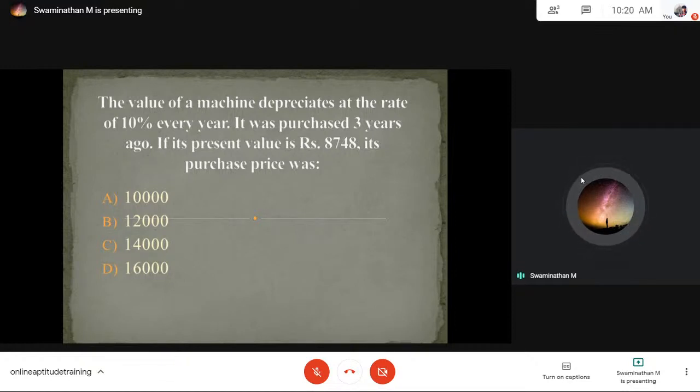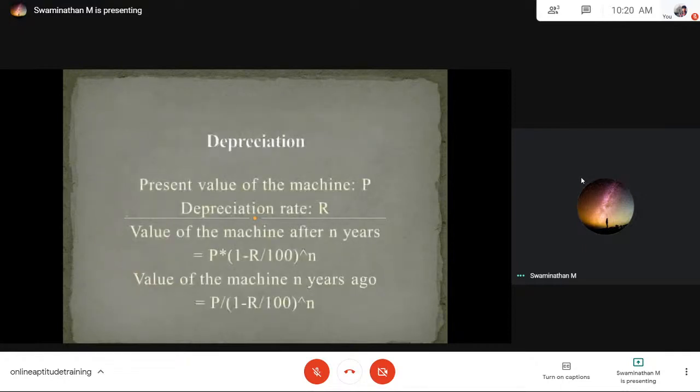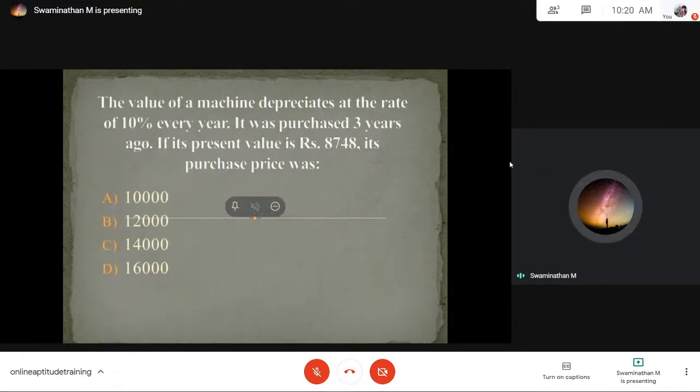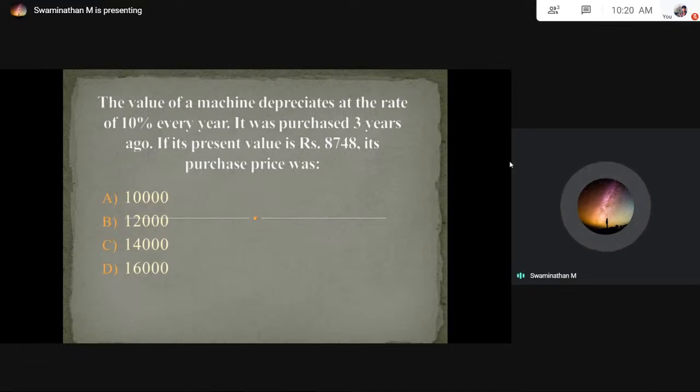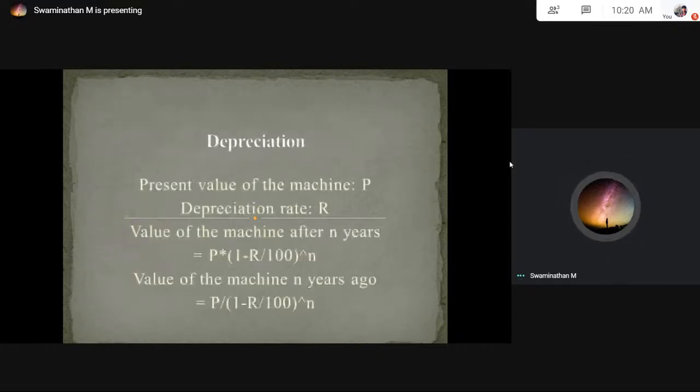Which formula has to be applied? It is given that the rate is 10% every year and purchased 3 years ago. So if the present value is rupees 8748, you have to compute its value n years ago, that is 3 years ago. So you have to use this formula.